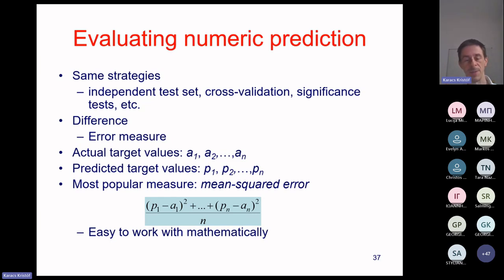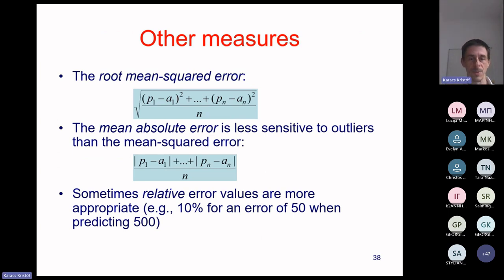On Wednesday, you saw how machine learning training typically uses slopes by computing the gradient, the differential in the current point, and trying to minimize the error. We can only do that if we have a differentiable error measure. And mean squared error is typically the most common error measure to be used.